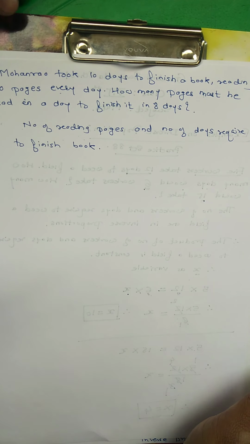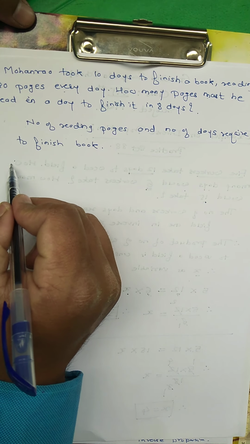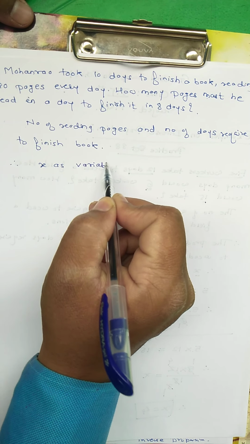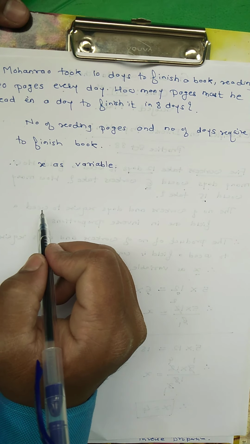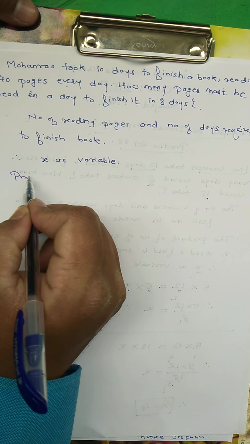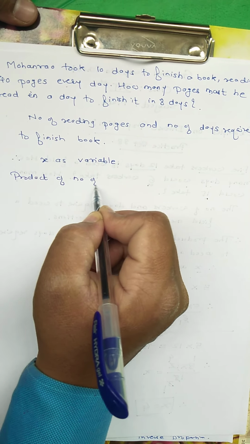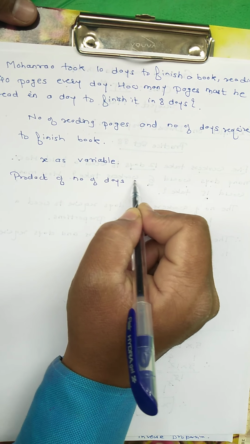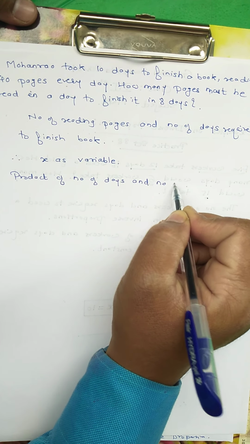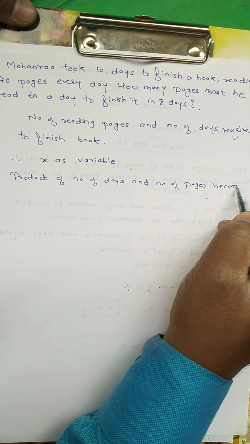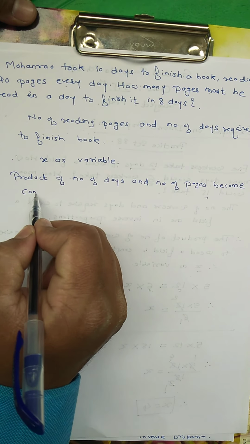Now in this case, which quantity is constant? The book is constant. Yes, so here again we consider x as a variable to solve this problem. And the product of the number of days and number of pages becomes constant.